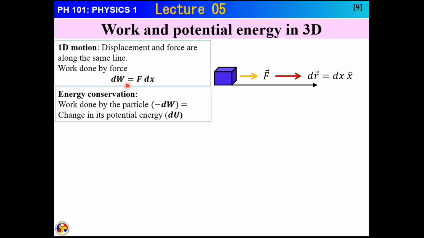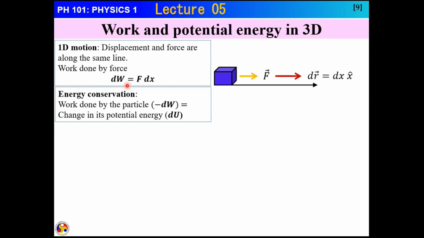Work done by the particle will be minus dW because it is going to apply the force in the opposite direction. From conservation of energy, the work done by the particle is not in vain.